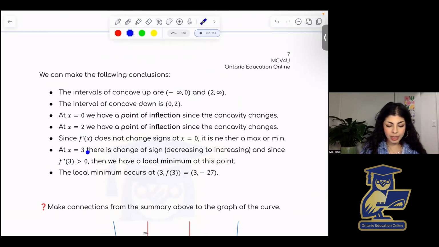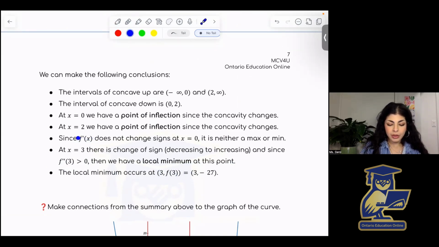However, at x is 3, we do have a change in sign. We're going from decreasing to increasing, and we also check the second derivative. So we have a local minimum at this point, and we can also determine the local minimum based on the function, which is (3, -27).